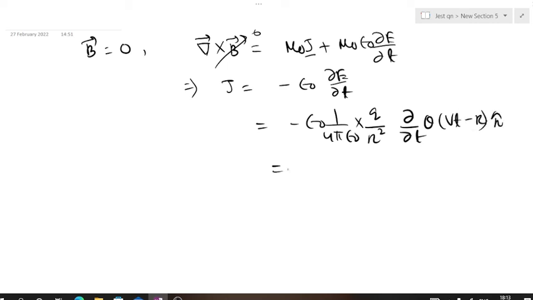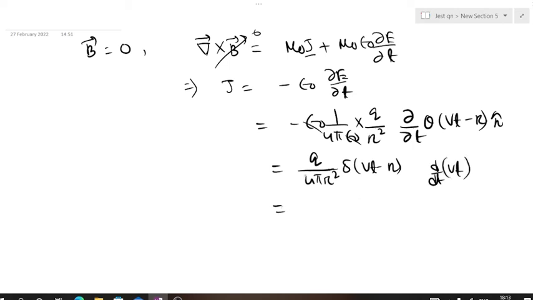So that will be Q by 4 pi R squared, and the derivative of theta will be the delta function delta (vt minus r) and d by dt of vt.